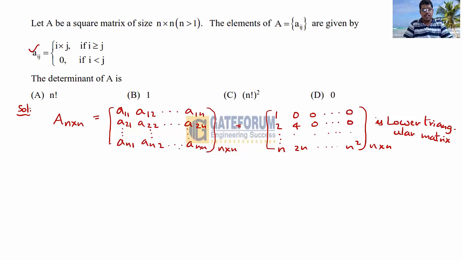The determinant of a triangular matrix, whether lower or upper, or a diagonal matrix or scalar matrix, is nothing but the product of its diagonal elements, the principal diagonal elements.